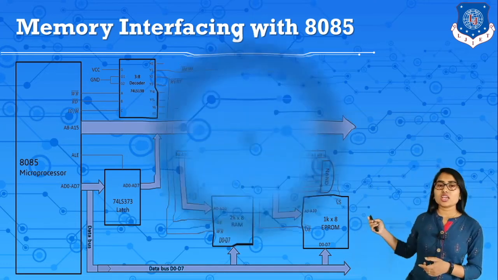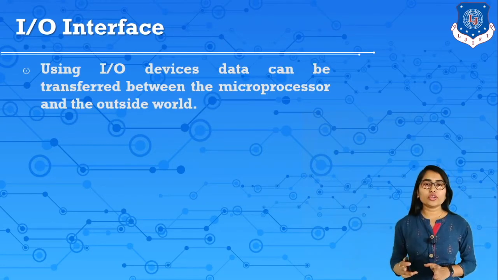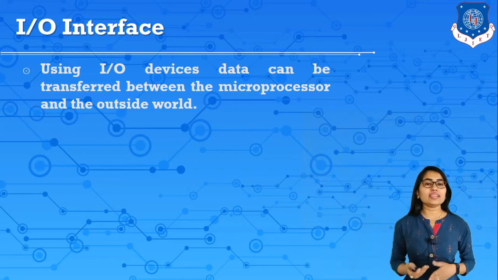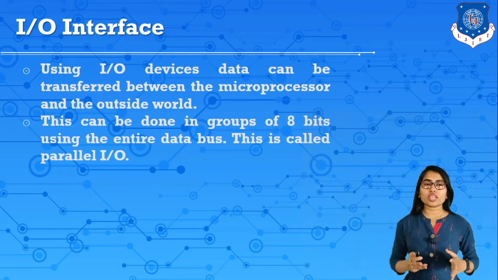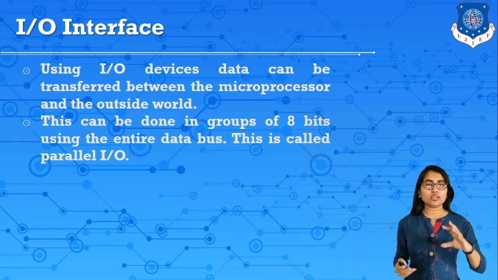Now what is input output interfacing? Using input output devices, data can be transferred between the microprocessor and the outside world. This can be done in a group of 8 bits using the entire bus, which is called parallel input output.